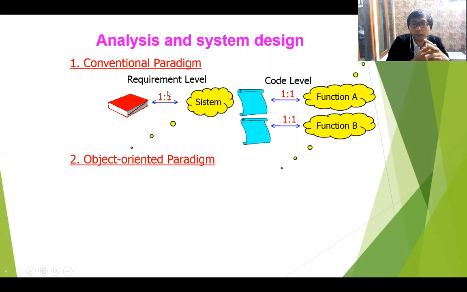The requirement level would be one design and one system, and each function usually will be separated by a different file, where a function A belongs to one file and the other function belongs to the other file. So the relationship between the code and the functions is usually one-to-one. It means that one function, one programming code file.